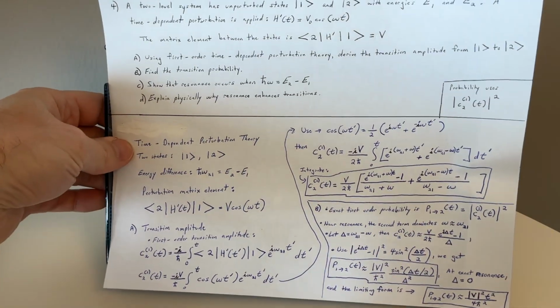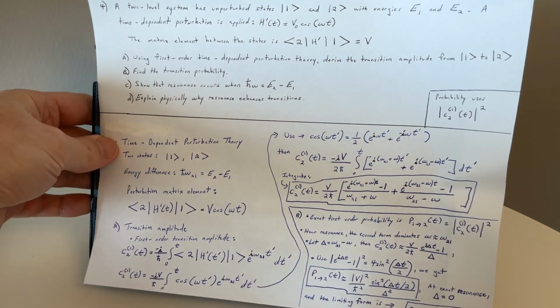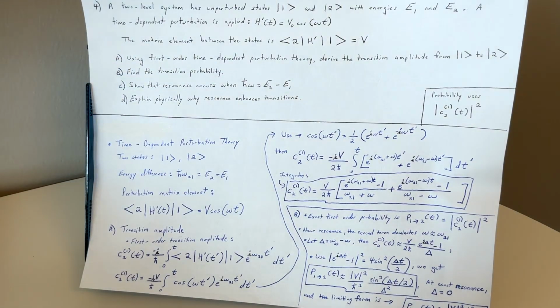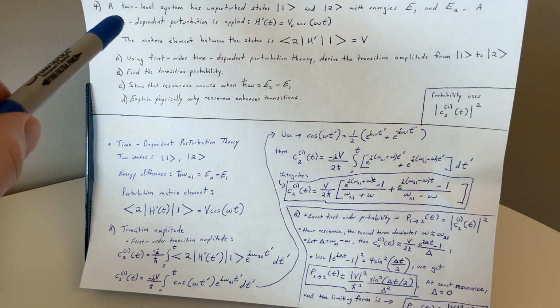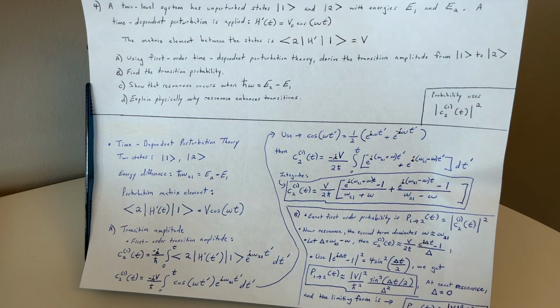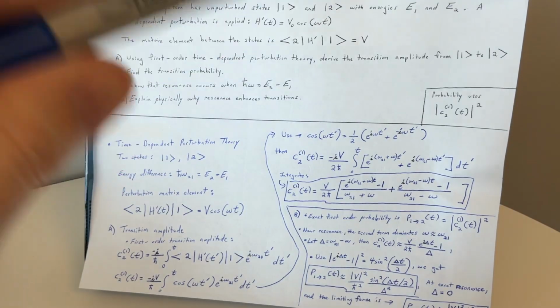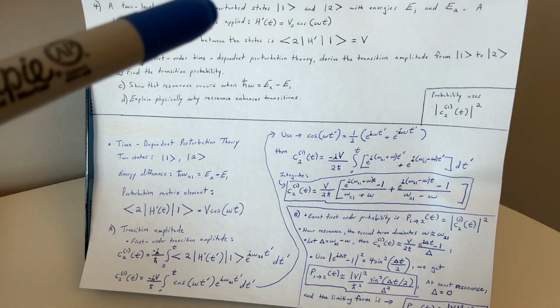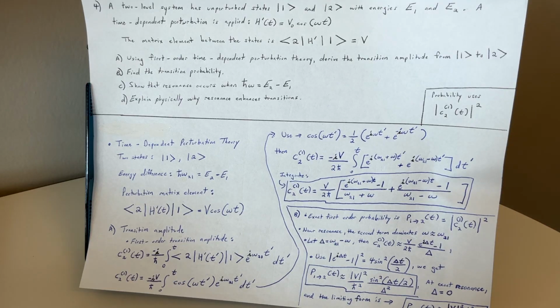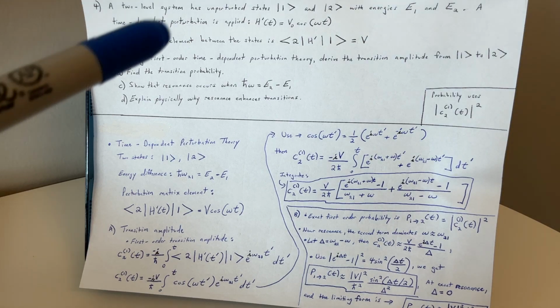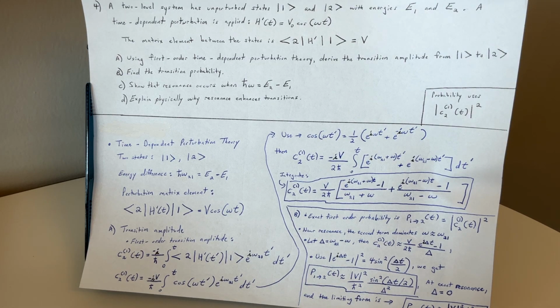For number 4, a two-level system has unperturbed states Ket 1 and Ket 2 with energies E sub 1 and E sub 2, and a time-dependent perturbation is applied: H prime of t equals V naught cosine of omega t.